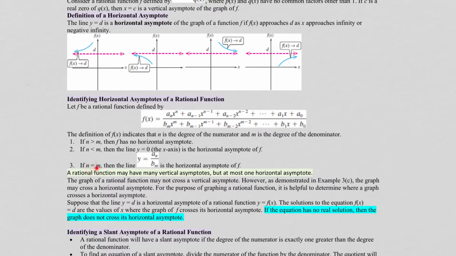And when the numerator and denominator exponents are the same, then your horizontal asymptote is going to be the leading coefficient from the numerator over the leading coefficient from the denominator.